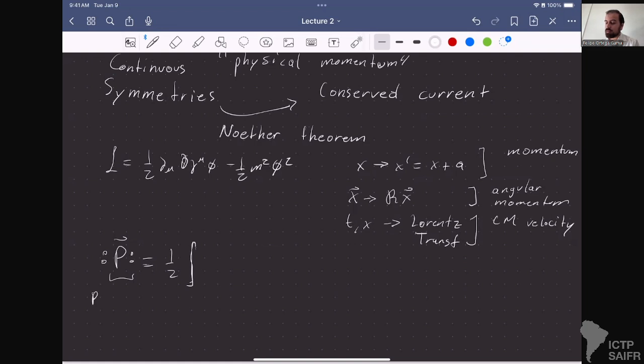So this is the physical momentum. That is the conserved charge of the x goes to x plus a symmetry. This is going to be given by this quantity here.